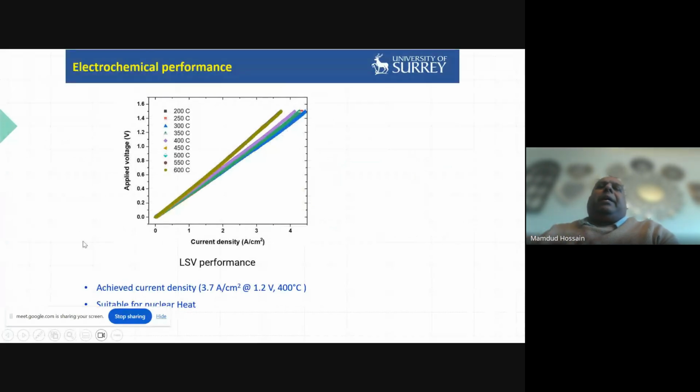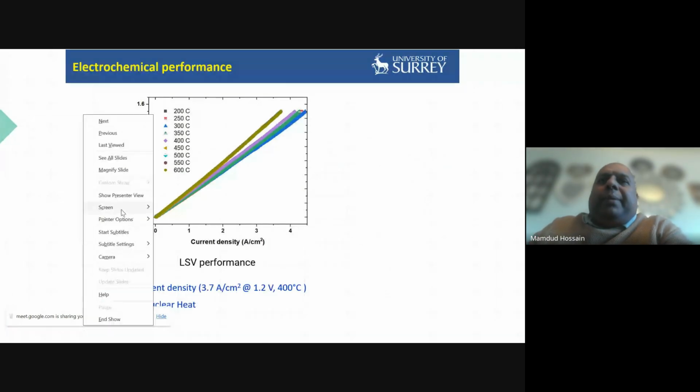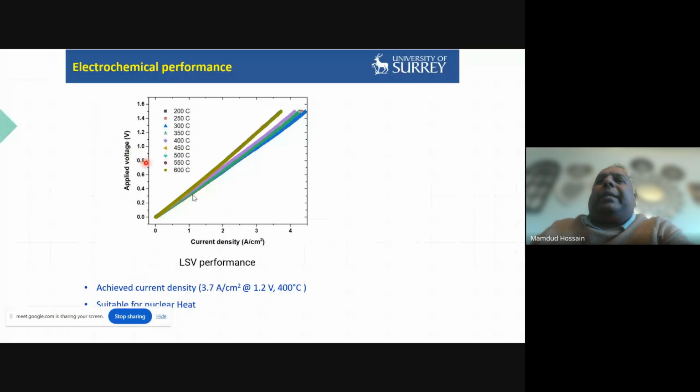If you look at the output, the performance of an electrolyzer is measured with this type of voltage-current graph. In a voltage-current graph, for a given voltage, say 1.4 volt, the more current density you have, the more hydrogen you can produce. So for a given voltage, if you have a higher current density, that means it's a better system.